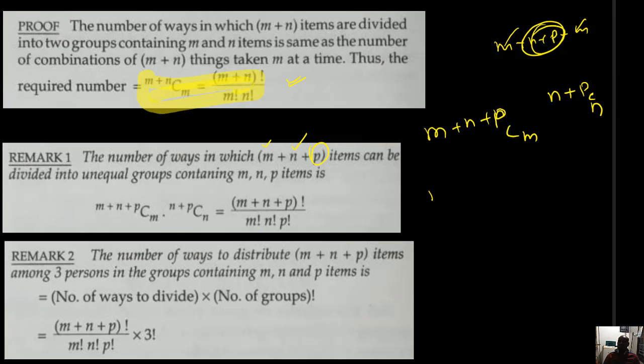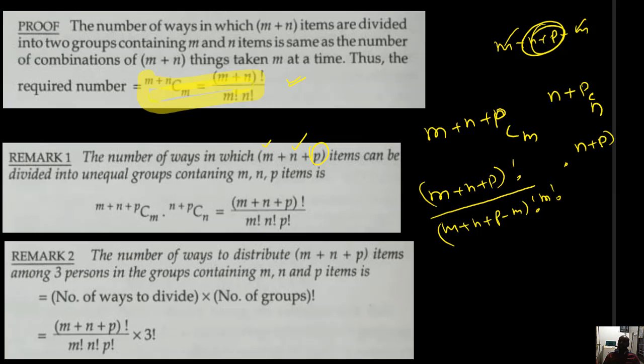So now I want to simplify this. (m plus n plus p) factorial by (m plus n plus p minus m) factorial into m factorial, into (n plus p) factorial by (n plus p minus n) factorial into n factorial. Here also factorial. So I want to simplify, students.